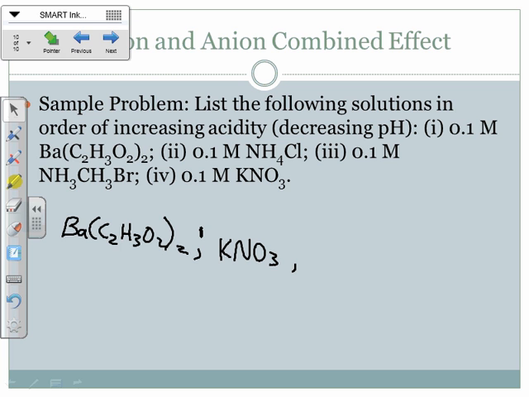I have the Kb for that one, which is 4.4 times 10 to the negative fourth. So the Ka for the NH3CH3 plus is going to be 2.27 times 10 to the negative 11th.